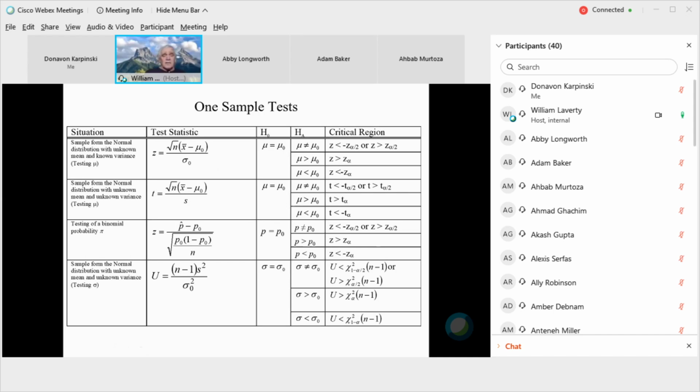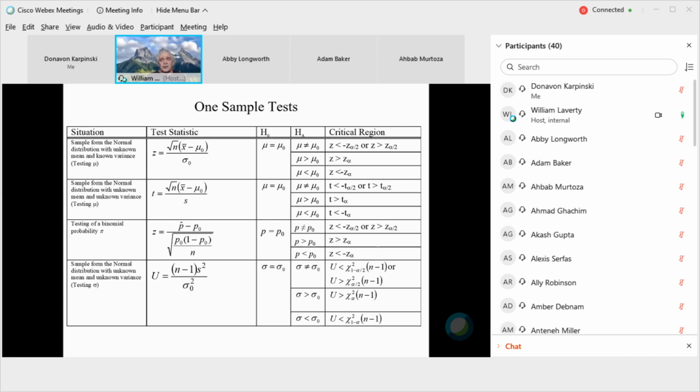The tests for a variance. You use this statistic, which has a chi-squared distribution: n-1 times S squared over sigma naught squared. So we look up the critical region underneath the chi-squared distribution.